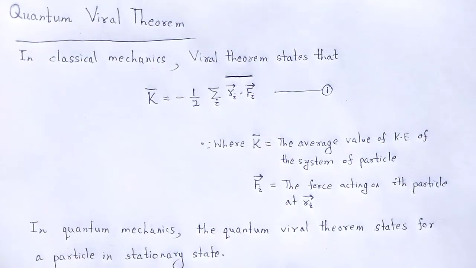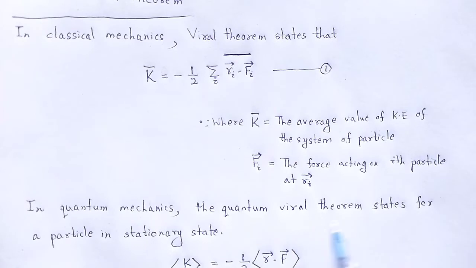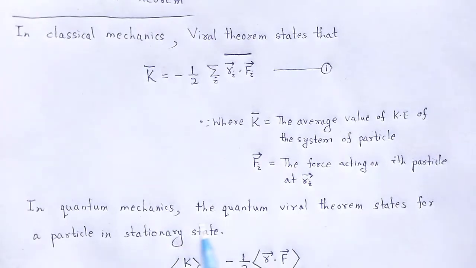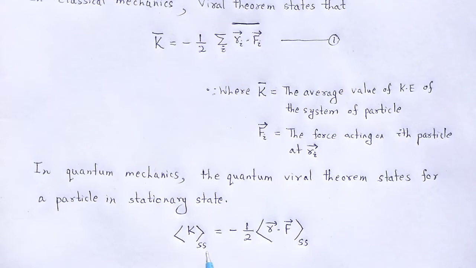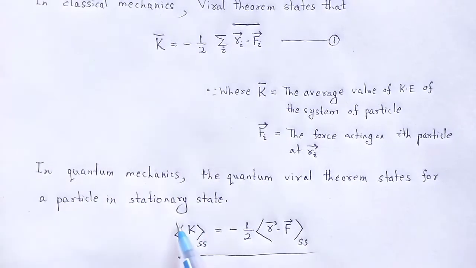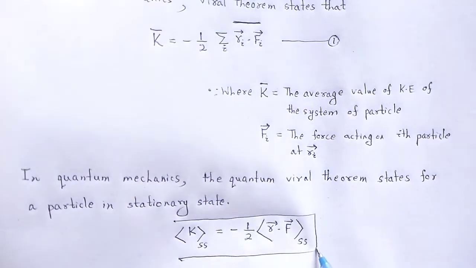That means in quantum mechanics, the quantum Virial theorem states that for a particle in a stationary state, the expectation of K for the stationary state is equal to minus half the expectation of r dot grad V for the stationary state. We have to prove the quantum Virial theorem.